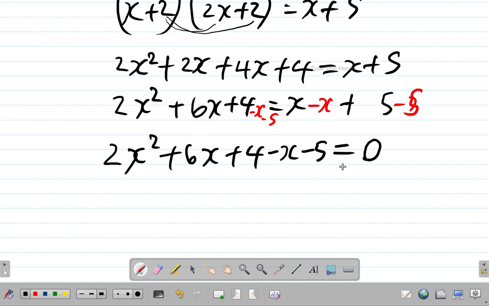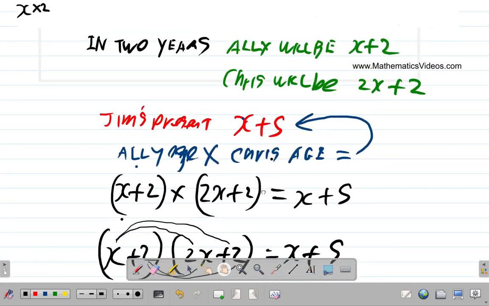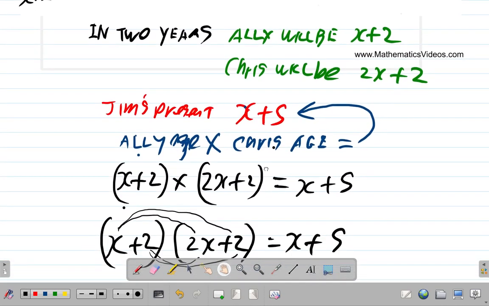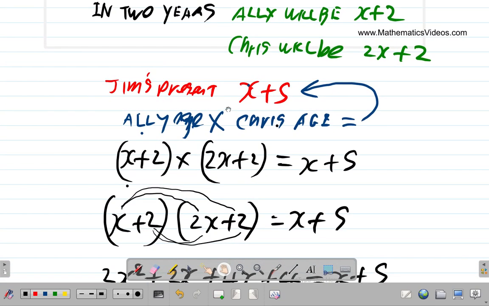So now, what you have is 2x squared plus... let me see, same thing here. Make sure everything is alright. You have 2x squared.